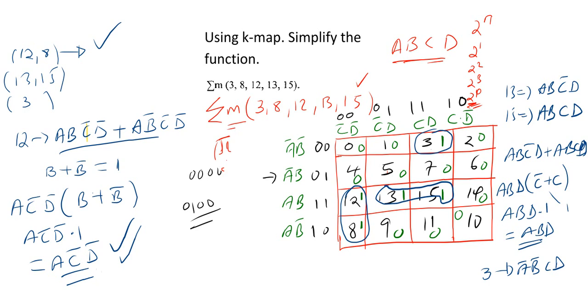So now the expression for this particular K-map will be the first group 12, 8 is A, not C, not D. We add A, B, D, and lastly we add not A and not B, then C and D. So that is the simplified expression for the particular K-map.